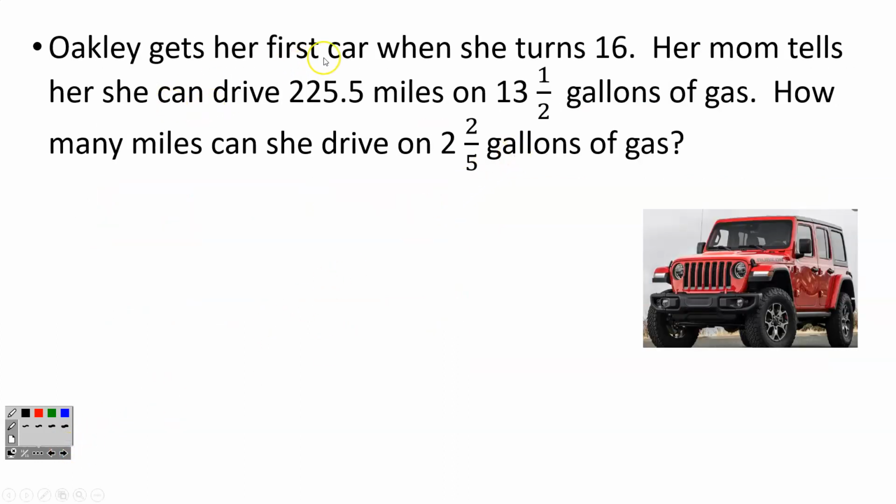Last one. Oakley gets her first car when she turns 16. Her mom tells her she can drive 225.5 miles on 13.5 gallons of gas. How many miles can she drive on 2 2/5 gallons of gas? So again, how many miles comes before the gas. So the miles would be 225.5.